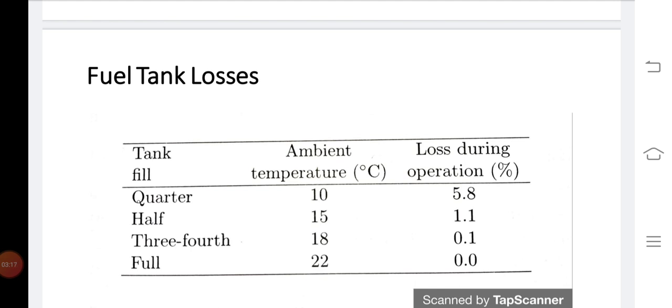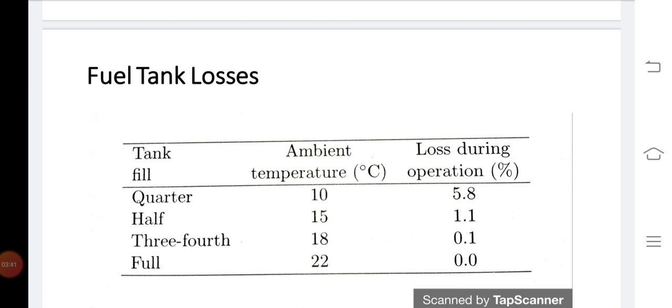As additional liquid vaporizes, the total pressure is also important for the vapor losses.